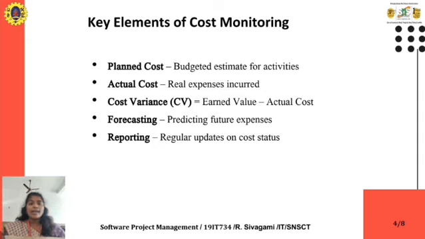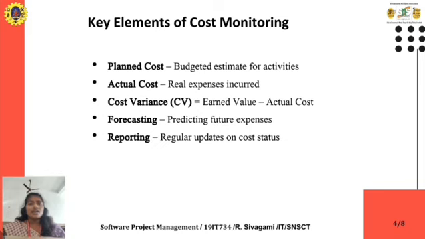This is the planned cost. And then actual cost. We have one plan, but the actual cost may be in excess or low.